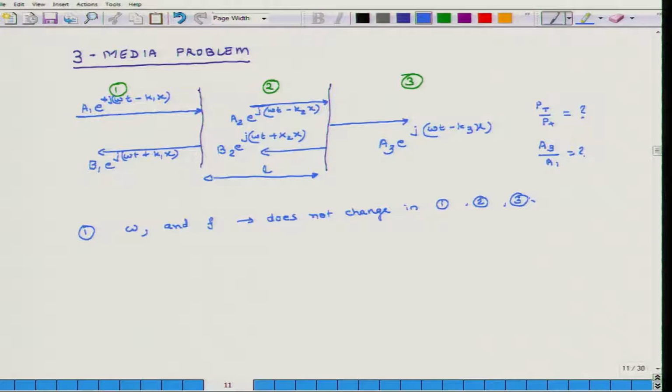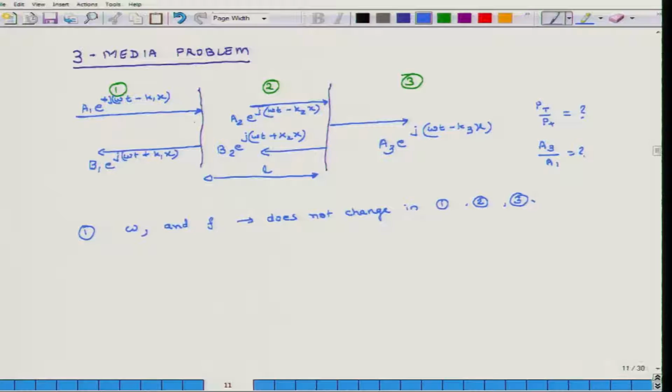Why will it not change? Suppose there are some fluctuations happening n number of times in medium 1, then the adjacent medium particles in medium 2 will also get oscillations at the same number of times. Their amplitude may go up or down, but the oscillations will remain the same, because if I am hitting some particle 100 times, then the other adjacent particle will also vibrate at the same frequency. So frequency does not change as I move from medium 1 to medium 2 to medium 3.